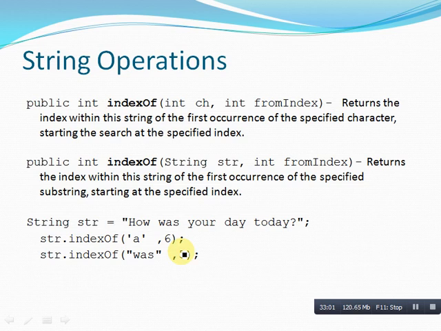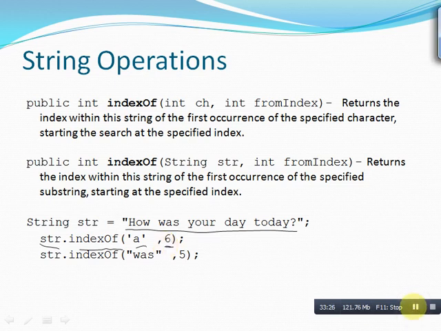Now you can also check for a particular character from a particular index or position in the string. For example, your string is "how was your day". You can check str.indexOf('a', 6), starting from the sixth character.